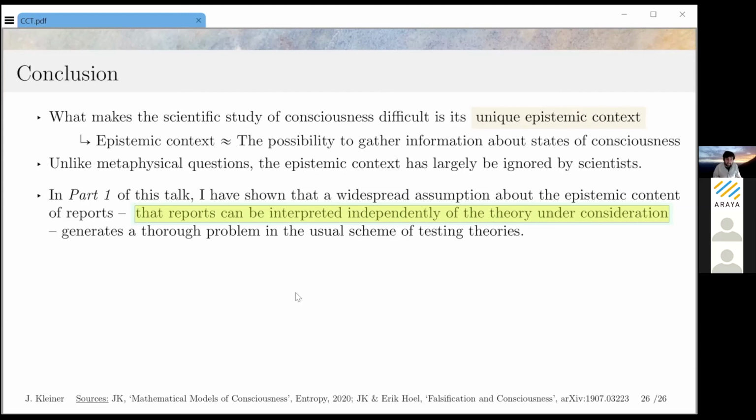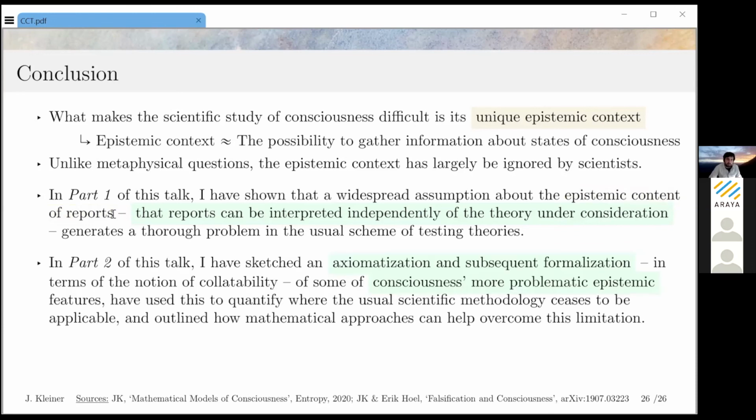So in a certain sense, you can't build on the confirmation. I'd like to emphasize that this is an epistemic problem. We pretend that our knowledge about the report is sufficient to infer the state of consciousness. And it may be, but there's a problem if we don't relate that back to the theory.